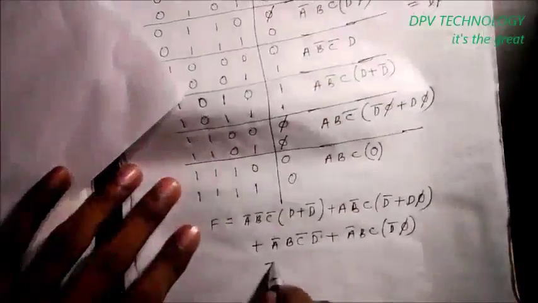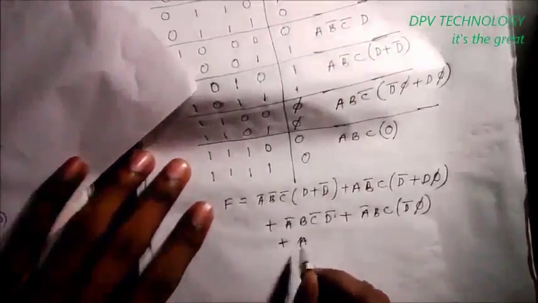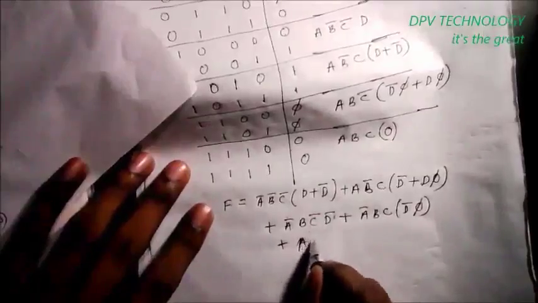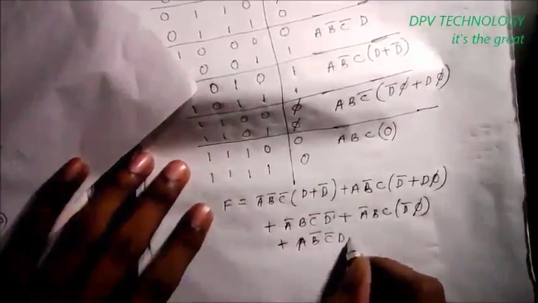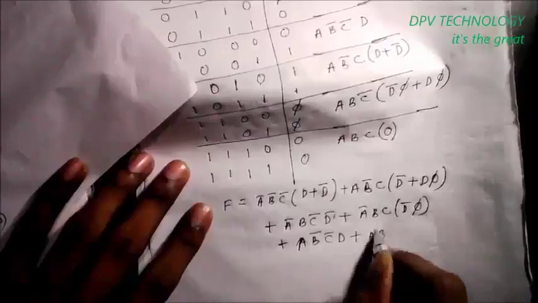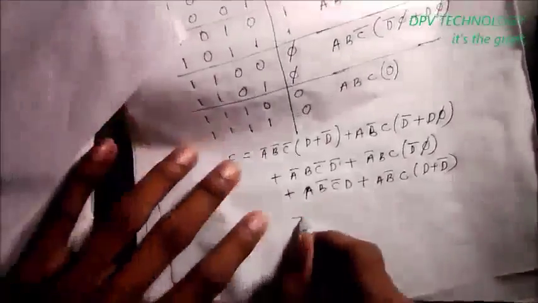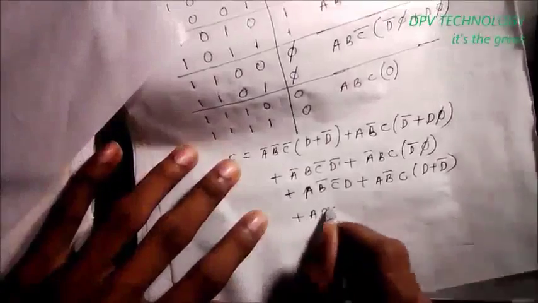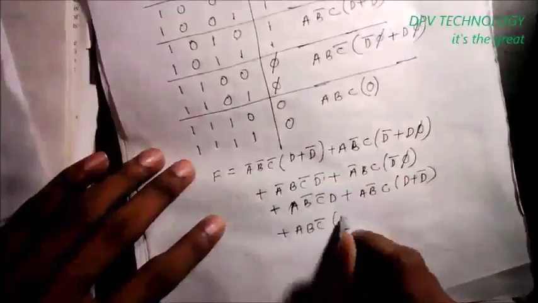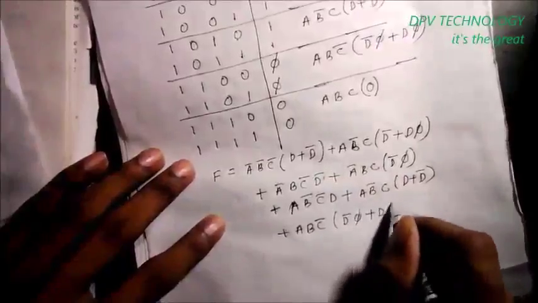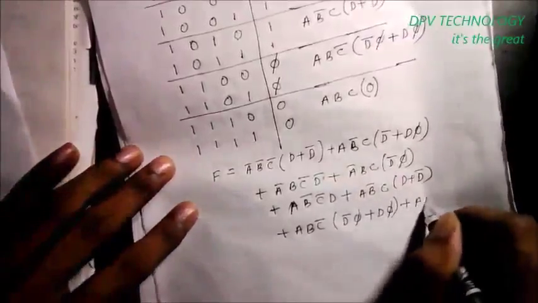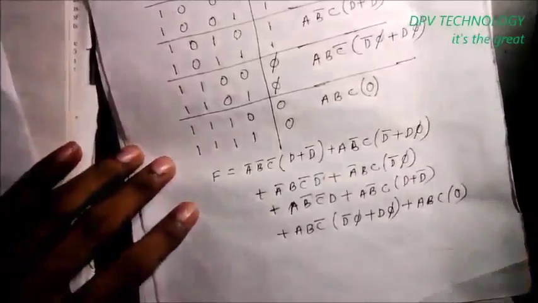I am writing this with the OR operator. A, B bar, C bar, D, then A, B, C, D or D bar, or A, B, C bar, D bar don't care, D don't care, or A, B, C and 0.